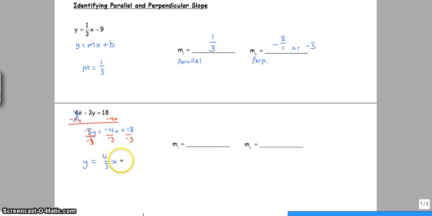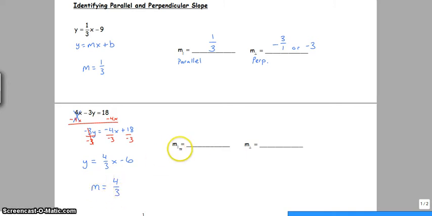Positive divided by a negative is -6. Now my starting point, or my y-intercept, is not that important in problems like these. The most important thing when we're just identifying parallel and perpendicular slopes is to be able to figure out what the slope of my current line is. As I look at this, the number I am multiplying x by is 4/3. That's my current slope.